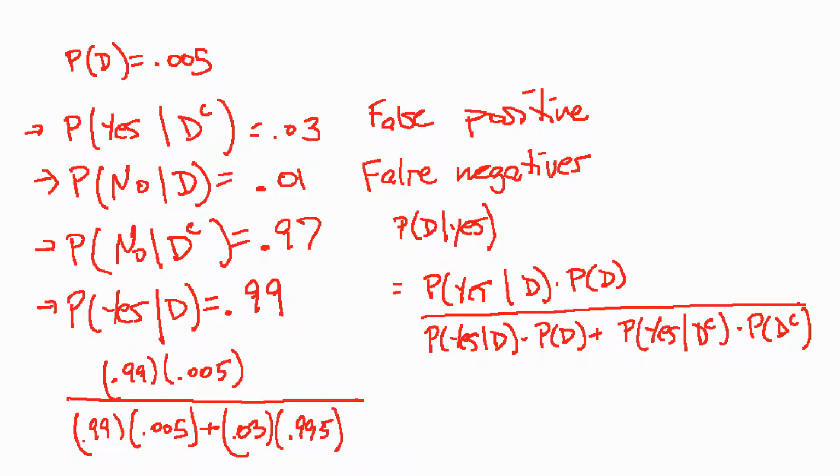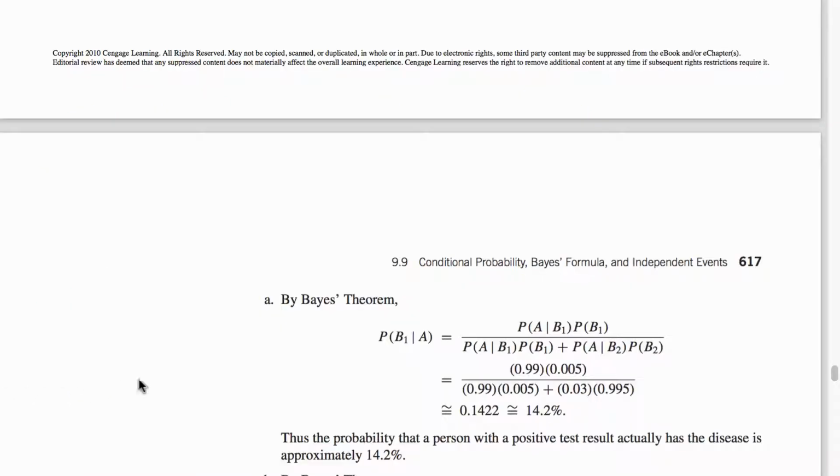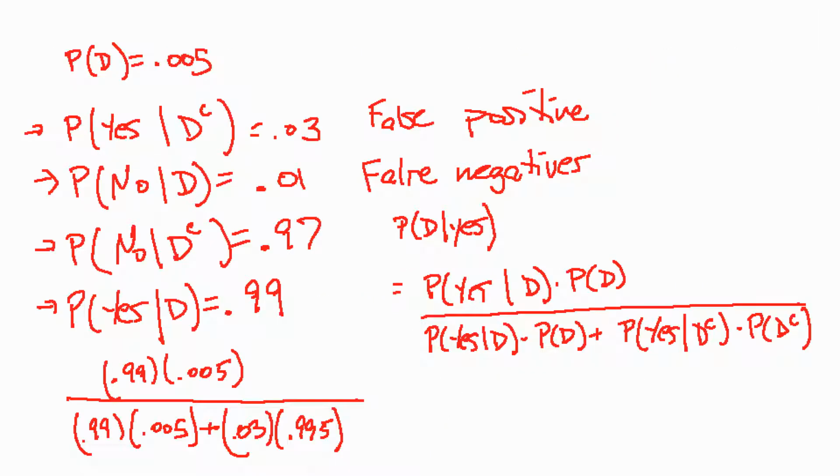Right there. And let's see, according to your book, I think these are the same numbers we have over here. The probability is about 14.2%. Thus, the probability that a person with a positive test result actually has the disease is 14%. Let's go back to where we were.